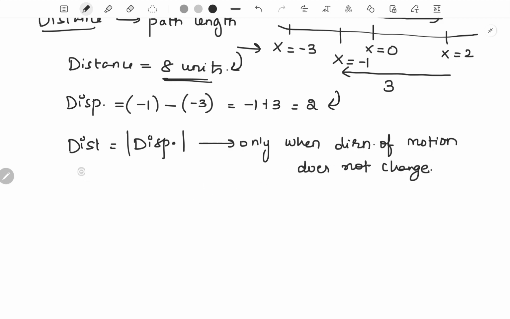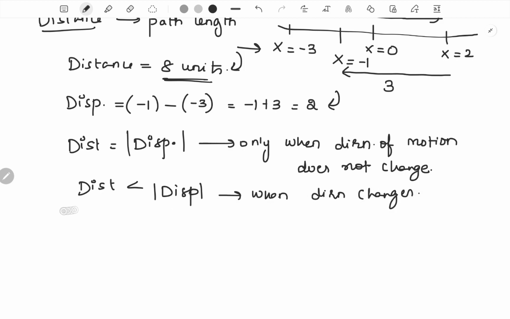If the direction of the motion changes, definitely in that case, distance would be less than the magnitude of displacement. So putting both of them together, we can write distance is less than or equal to the magnitude of displacement, depending on the situation that we have.